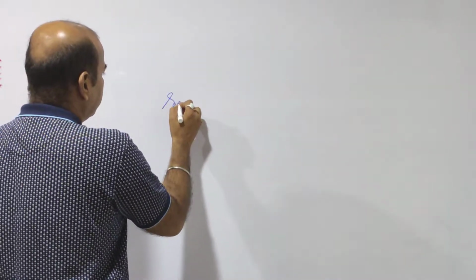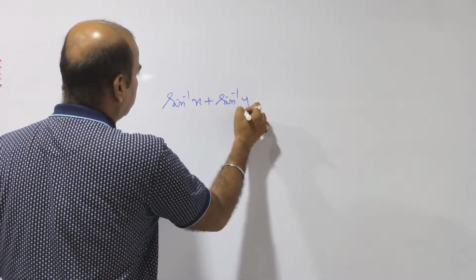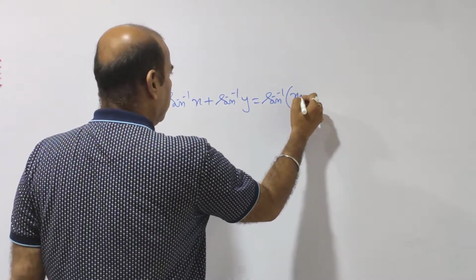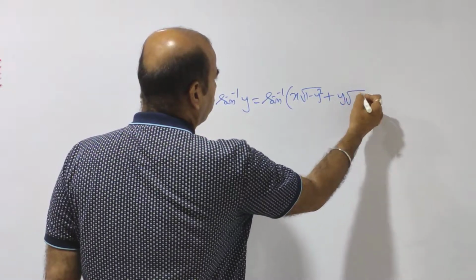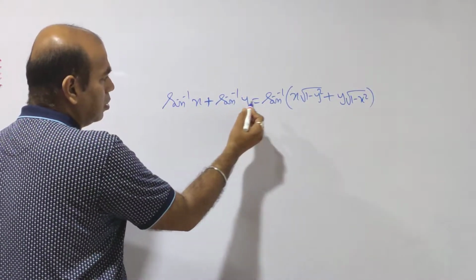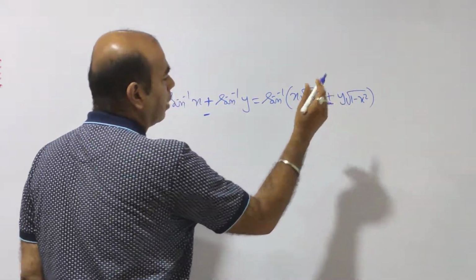We can write sine inverse x plus sine inverse y. This is sine inverse x root over of 1 minus y square plus y root over 1 minus x square. Now if there is a plus out here, we get plus. If there is a minus, this will be minus.